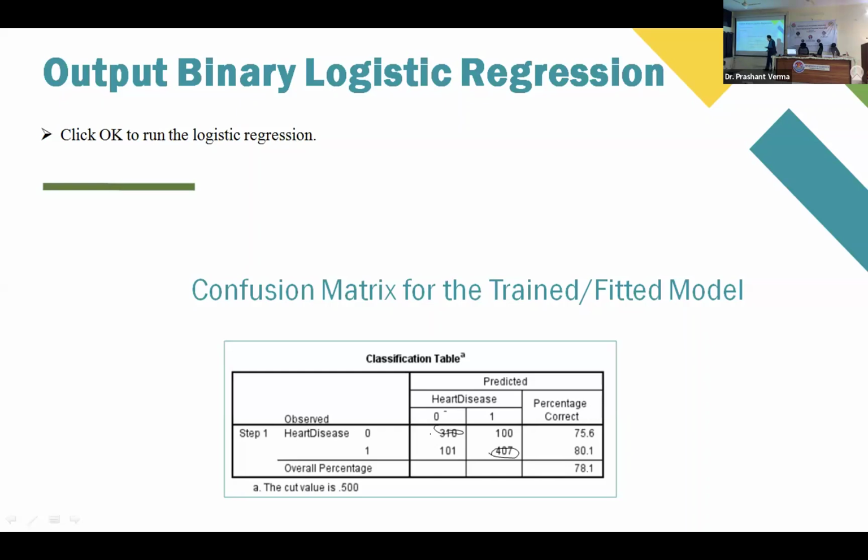So this is specificity for this model, and here 407 out of 508, summing up it was a total ones in the actual data. It was correctly classified. How will you identify it? 407 divided by 508 multiplied by 100. In percentage, you can have this 80%.